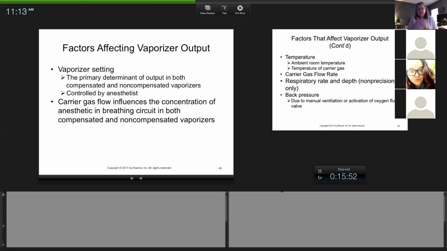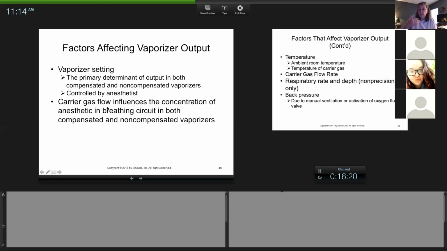Now, it doesn't double. If your mind is thinking, okay, you doubled your oxygen flow, you double your percent. Well, I'm still at 2%. I haven't increased my anesthetic delivery, but I have added more of that 2% to the system. And that's just what it's saying here, your gas flow can influence the concentration.